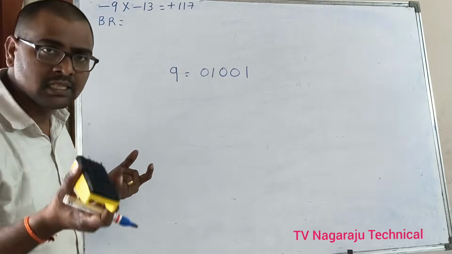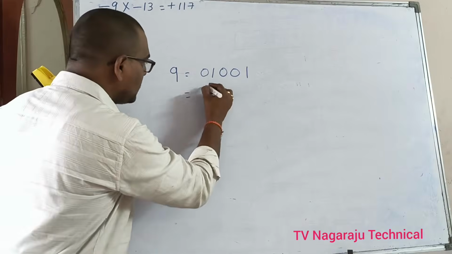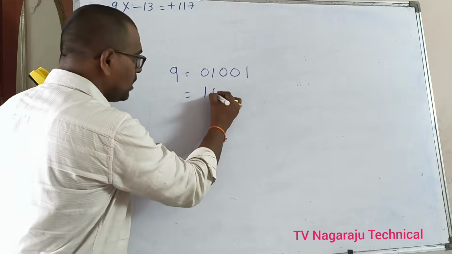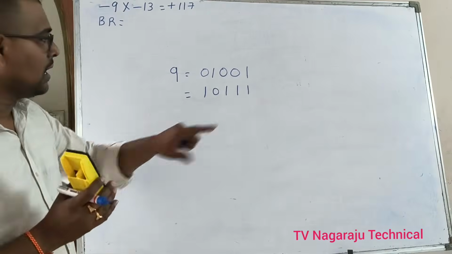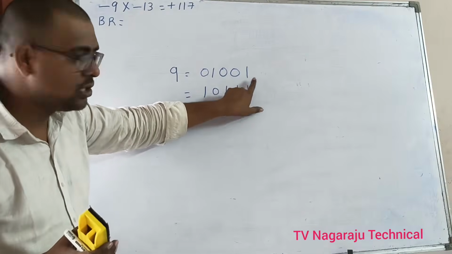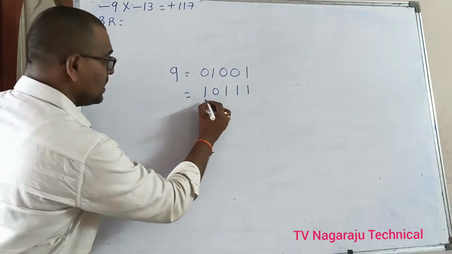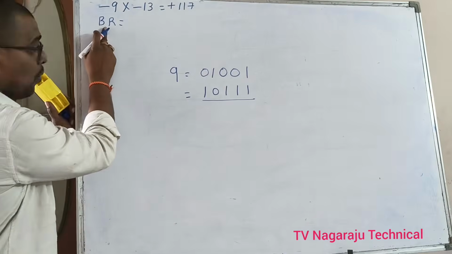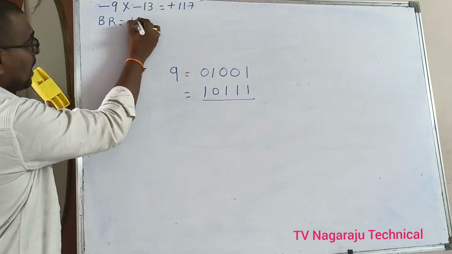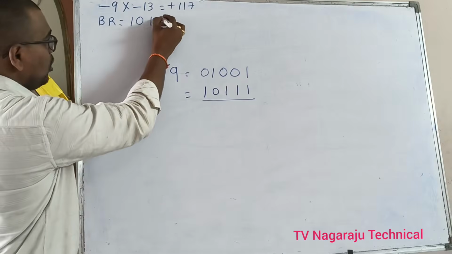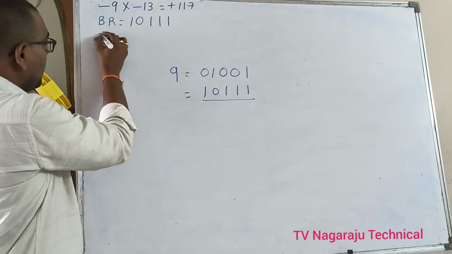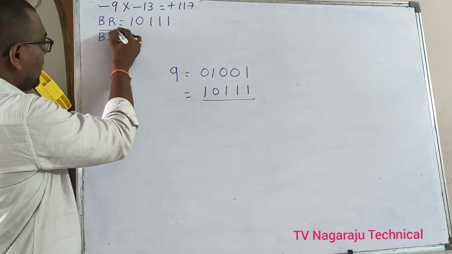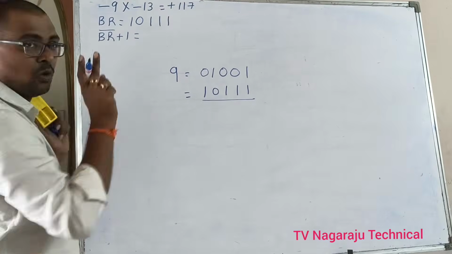Minus 9 means the 2's complement of 9. What is the 2's complement of 9? 1, 0, 1, 1, 1. You know the procedure: until the first one, unchanged, and the remaining bits are complemented. This is minus 9. So the value of BR is equal to 10111. Now initially I am calculating BR plus 1 also. Why?